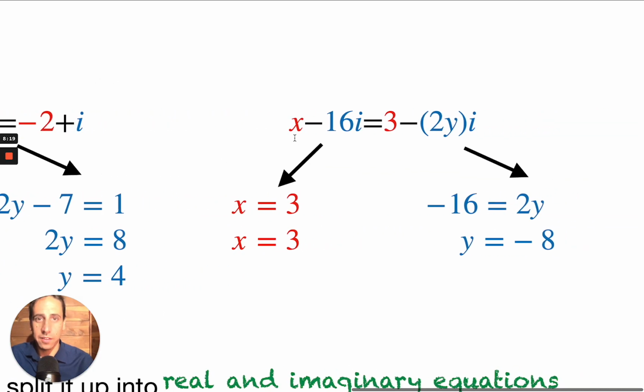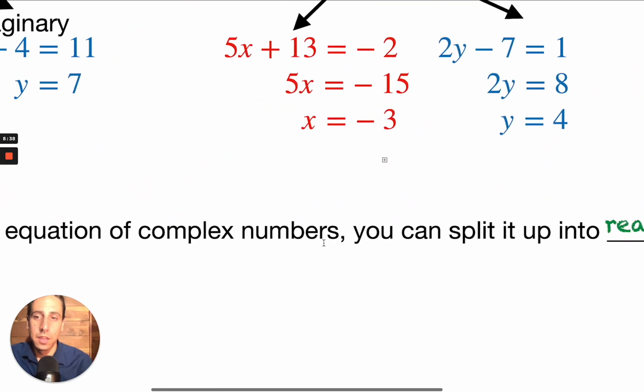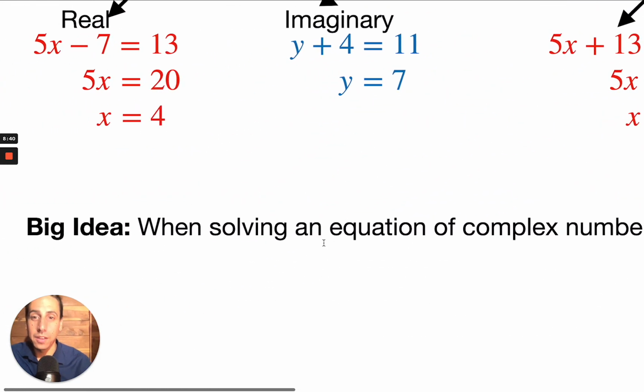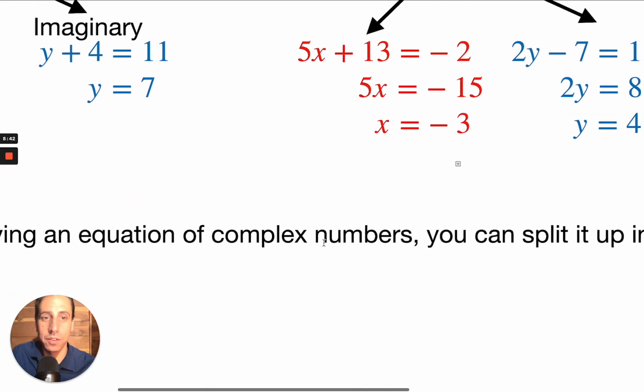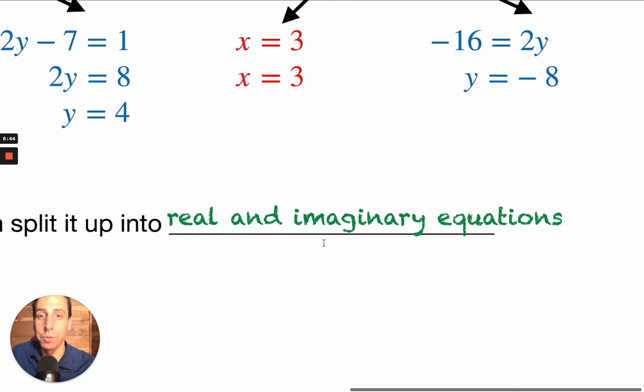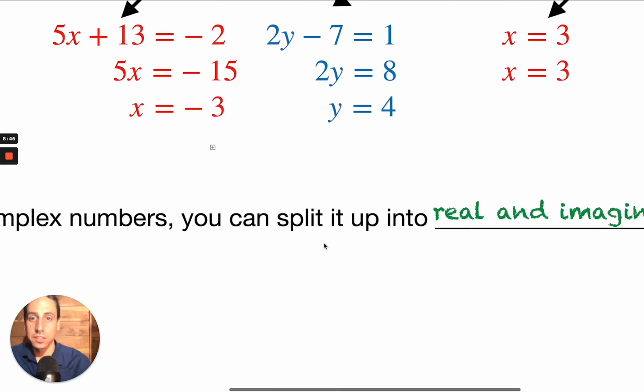Here, x is the real part because there's no i. 3 is the real part, there's no i. But minus 16 and minus 2y, those are the imaginary parts. You can write it with no imaginary numbers and solve it like it's algebra 1. So the big idea is when solving an equation of complex numbers, you can split it up into both the real and imaginary equations.